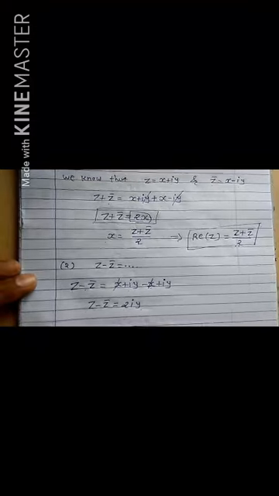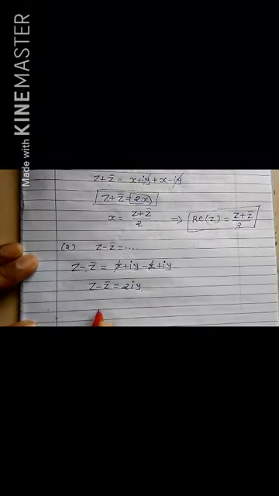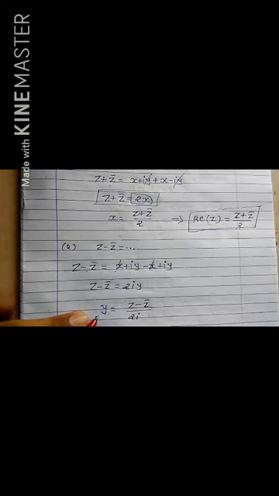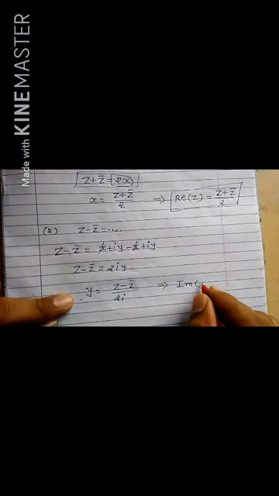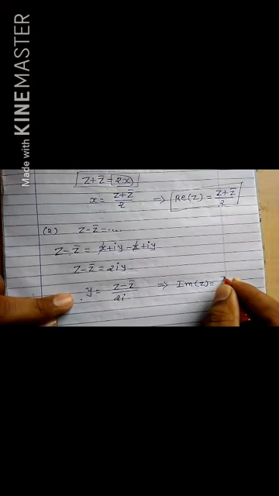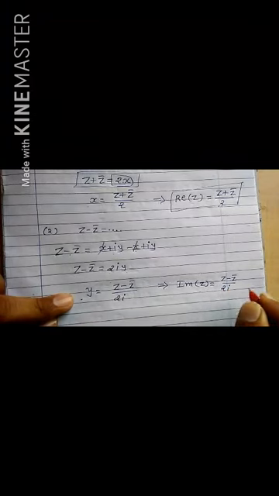I can also write it again: y is equal to z minus z bar divided by 2i. This y is the imaginary part of z, which implies the imaginary part of z equals z minus z bar divided by 2i.